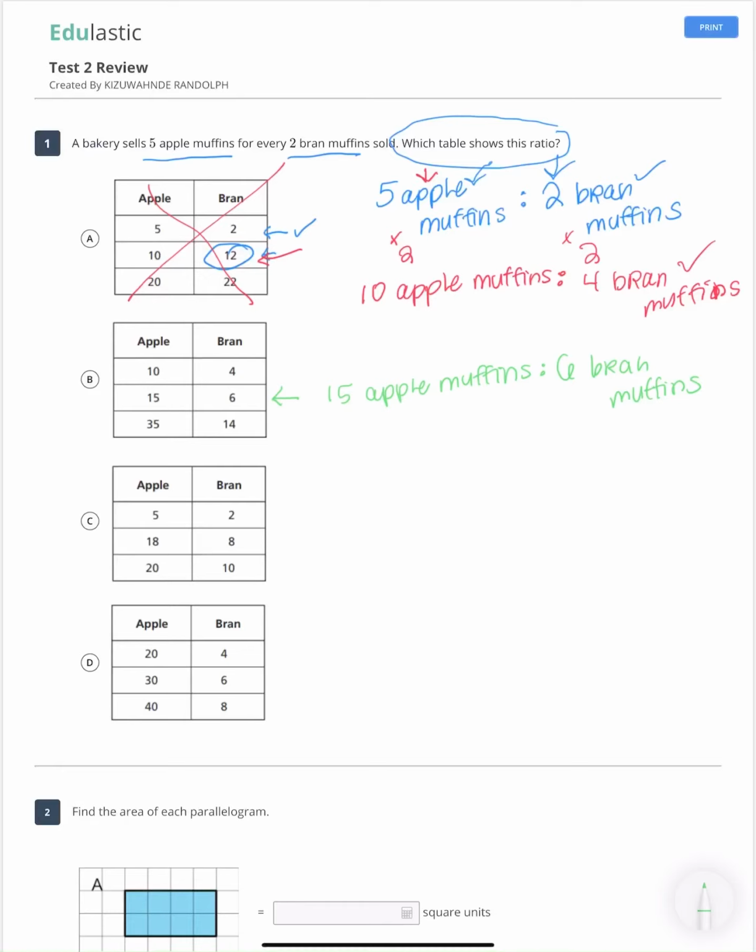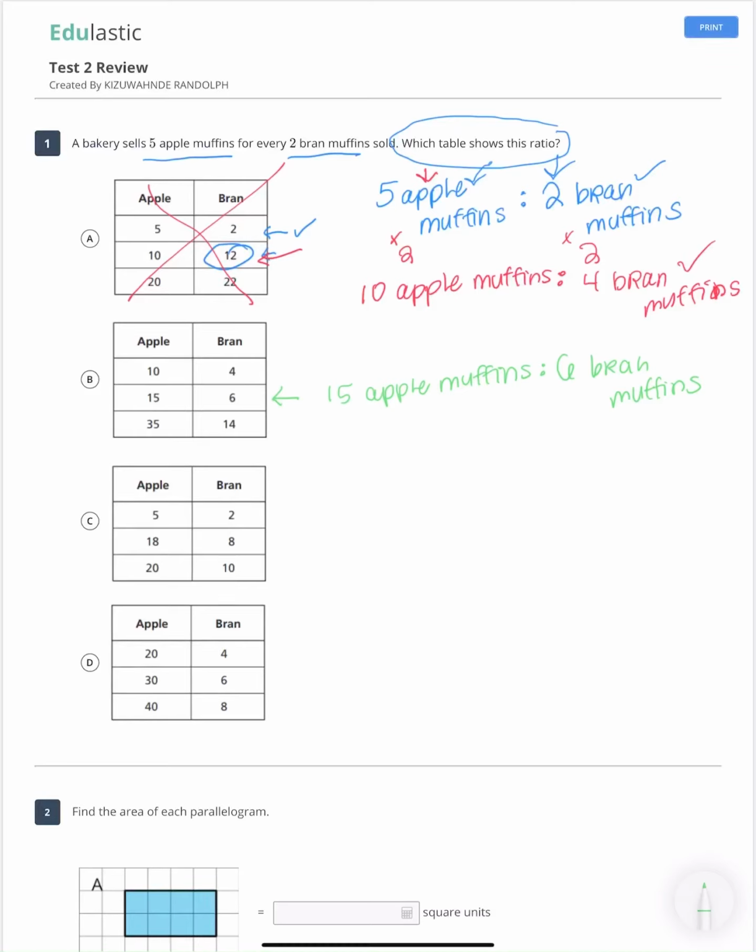Now, in the last choice, I used multiplication to determine if it was an equivalent ratio or not. But with this row, I'm going to use division to figure out if it's equivalent or not. And what I mean by that is I want to find a common factor, the greatest common factor between 15 and 6. And by the greatest common factor, I mean the biggest number that both 15 and 6 can be divided by.